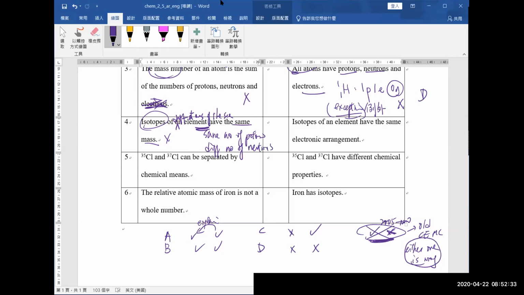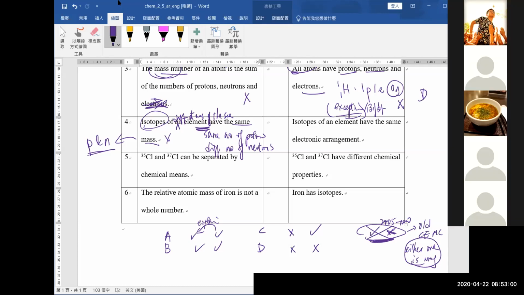So as we are going to talk about the mass, the main mass is mainly due to the presence of protons and neutrons. So that's why we have got the concept of mass number. Do you still remember? It is something about Form 3. And then because of that, if you talk about different neutrons, it will contribute more or less on the mass of the isotope. So of course, they do not have the same mass.